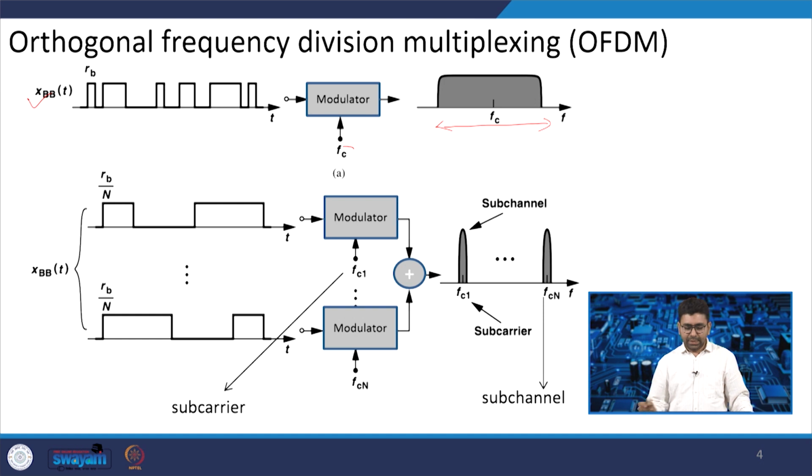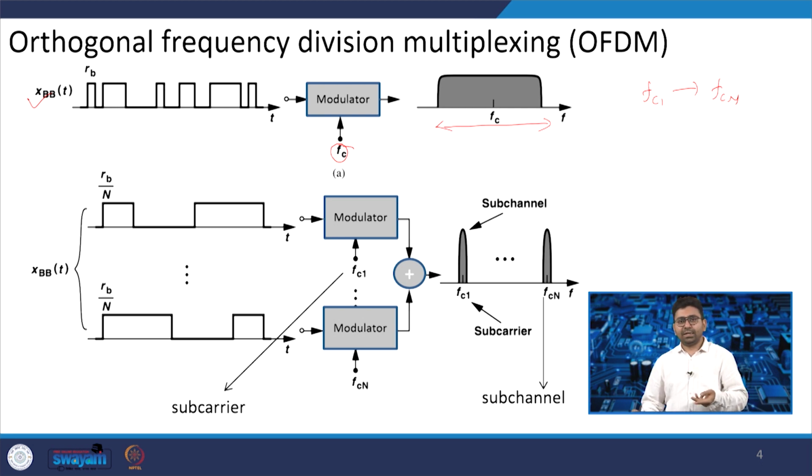Now in OFDM, what we try to do is divide this f_C into multiple subcarriers, in this example f_C1 to f_CN, and these subcarriers we have identified are orthogonal to each other.